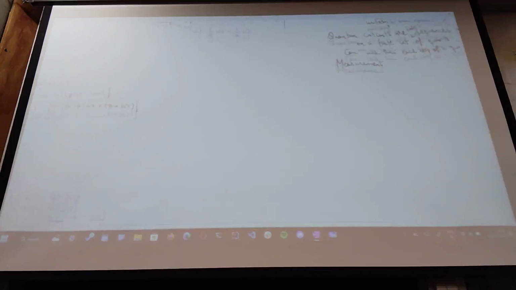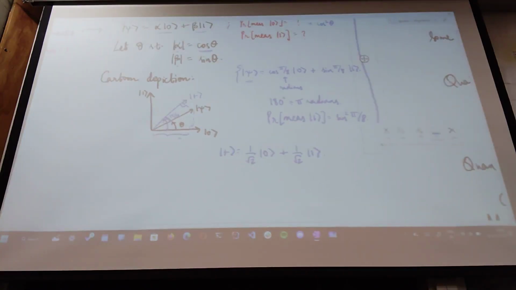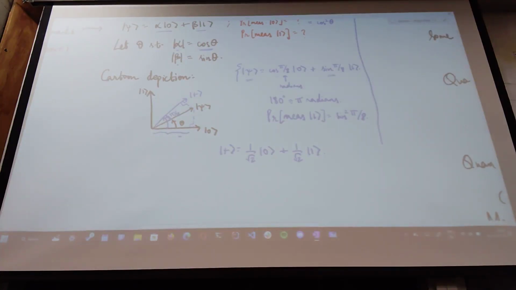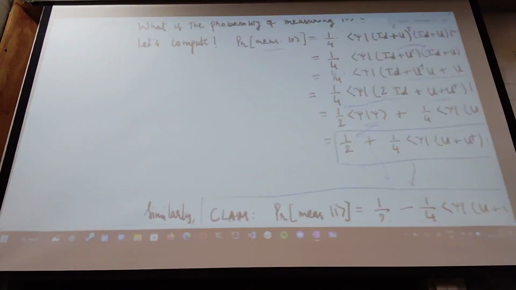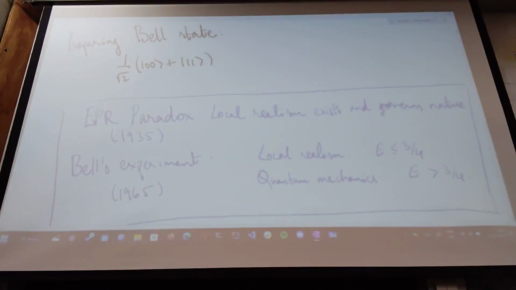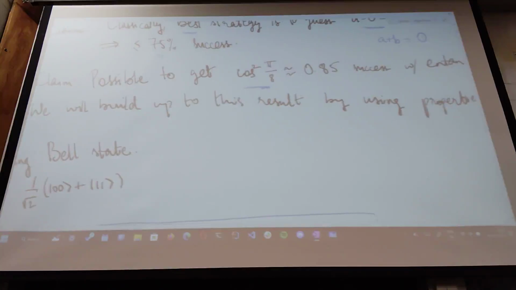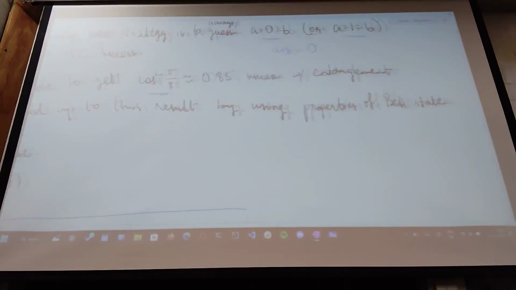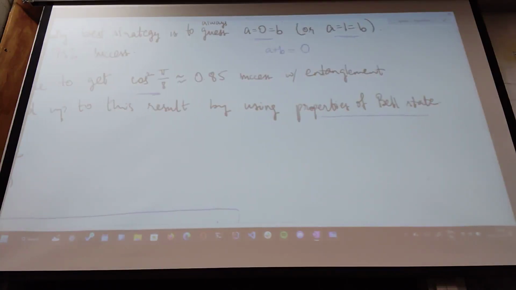If this seems familiar, it's because of this example here, where we did cosine pi by 8 and sine pi by 8, and we'll be playing on a similar reasoning right now. Before we get to that, we will build up to this result by looking at how the Bell state behaves, and by showing that it's got some nice properties.